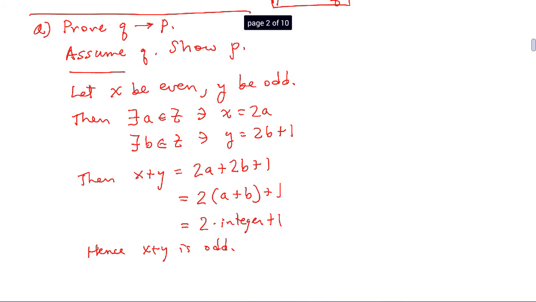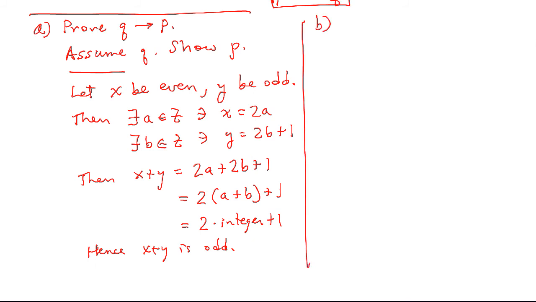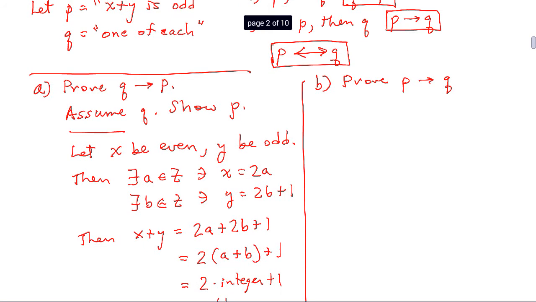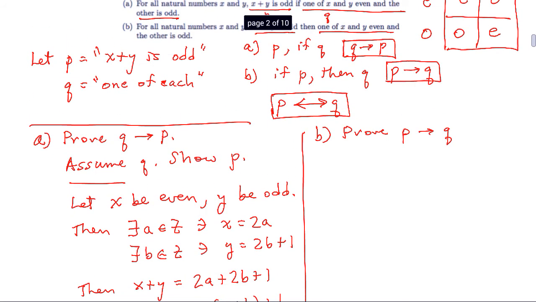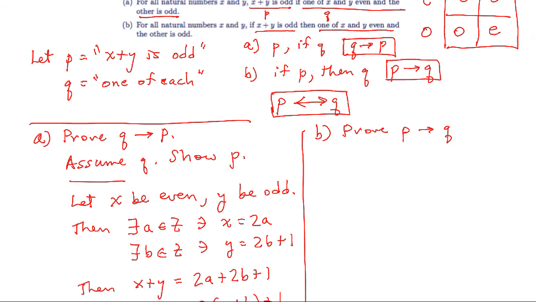Okay? For part B, it looks like I might have room to do it right here. I'm going to prove the opposite. If P, then Q. It turns out that it's a little bit difficult to start with the statement that x plus y is odd and to prove that one of them, we must have one of each.